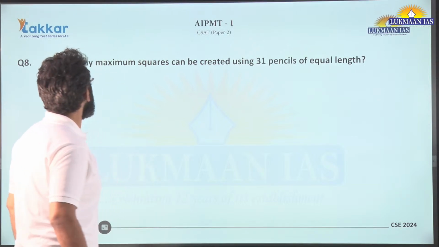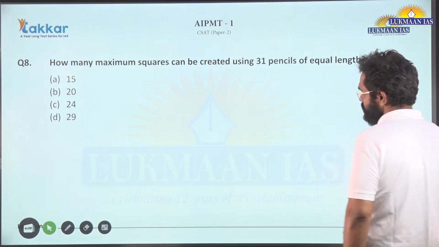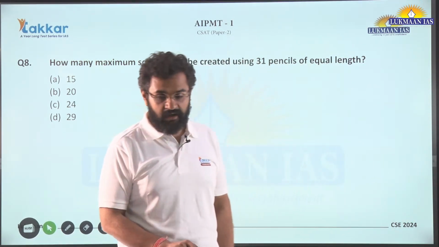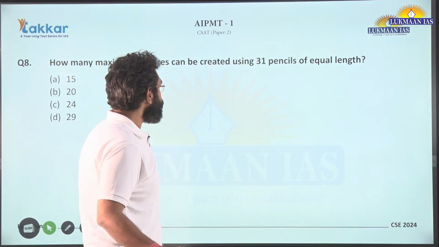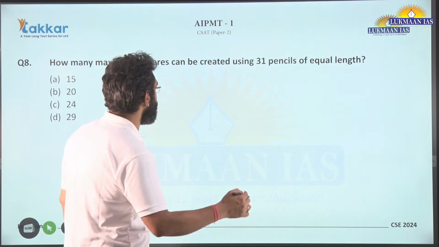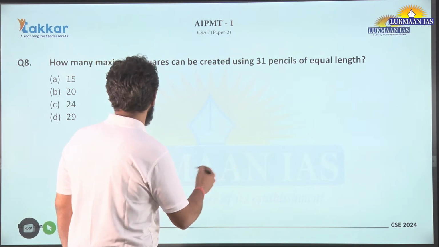How many maximum squares can be created using 31 pencils of equal length? There is more than one way we can solve this question, but we'll try the visualization. It would be easier for you to visualize. Just count the number of lines that I'm going to draw, and it would symbolize as if we are keeping the pencils together.